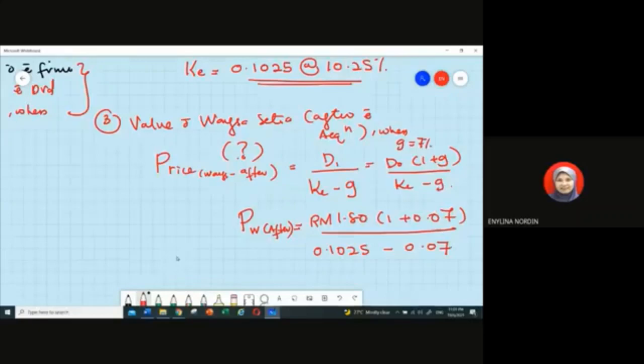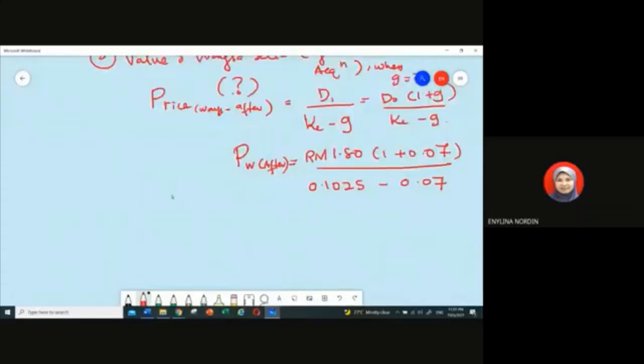So then you will get the price of Wangsa after the acquisition. Let me calculate for you first. 1 ringgit 80 times 1.07, and you divide by the denominator.